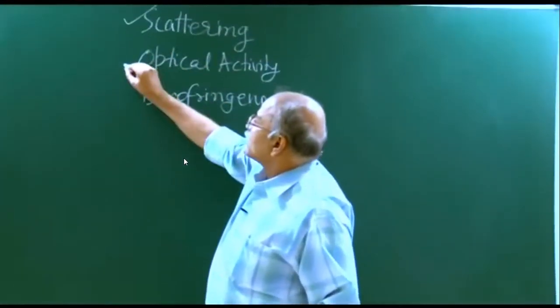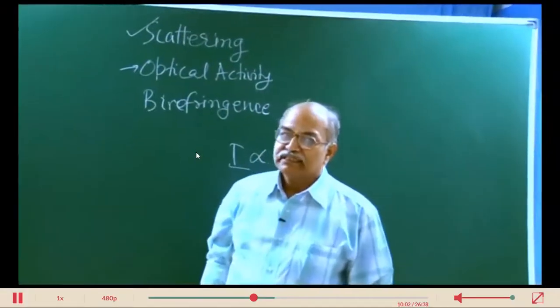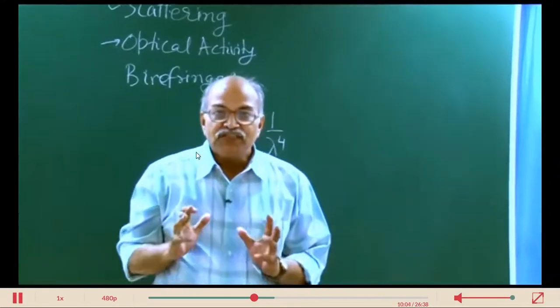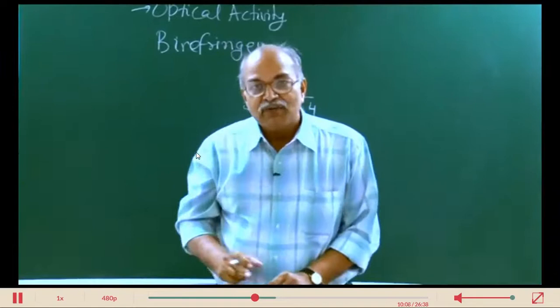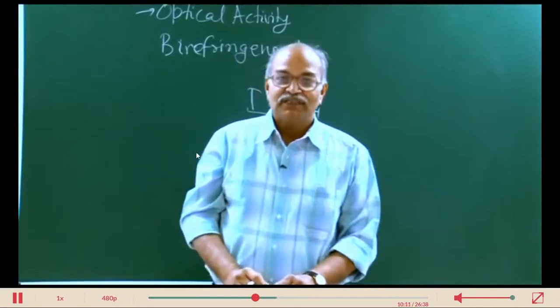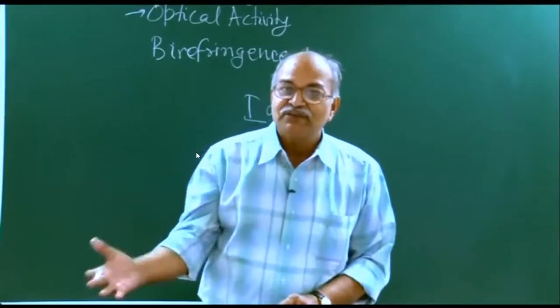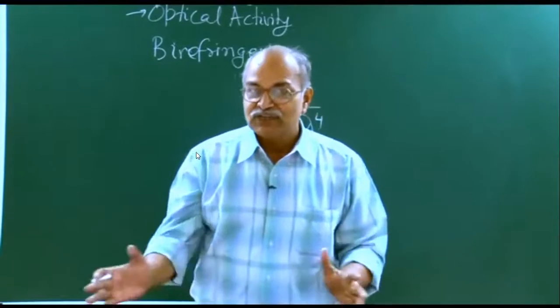Now our next topic is optical activity. We have done this scattering. Now this optical activity. There are certain kinds of molecules which chemists call chiral molecules. They are not equivalent to their mirror image and so on.